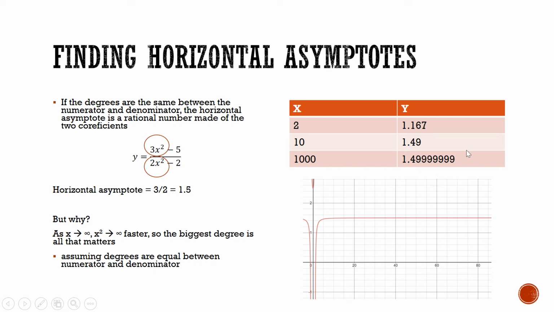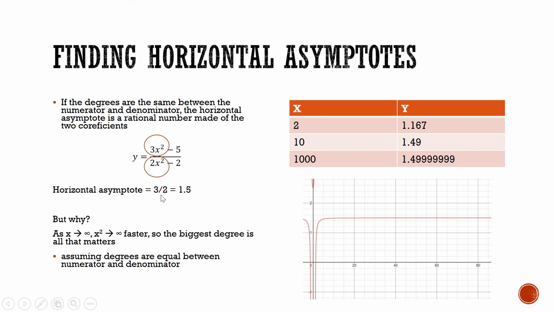As x approaches infinity, y approaches 1.5. But y will never, ever actually hit 1.5. We can go on to a million, a quadrillion, whatever, and y will never be 1.5. Your calculator may say so because it has to round at some point, but in reality it never will. We look at the highest degree because as x increases, you might have an x here and an x here, so yes, both will increase.